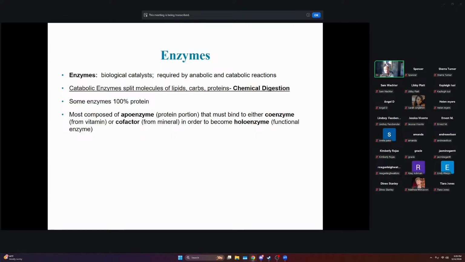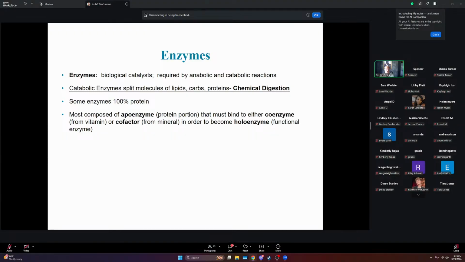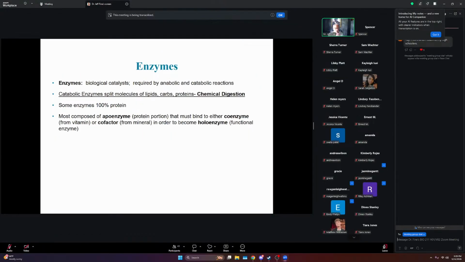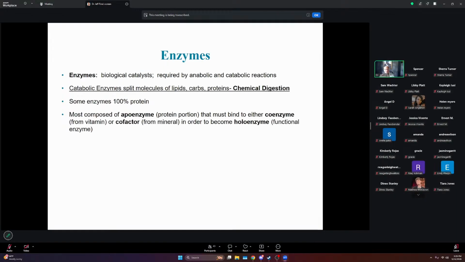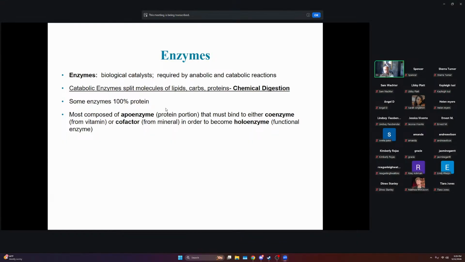So when we're talking about metabolism and the conversion of nutrients into pyruvate and acetyl-CoA and other coenzymes and ultimately ATP, all of these are chemical reactions caused by enzymes. Okay?